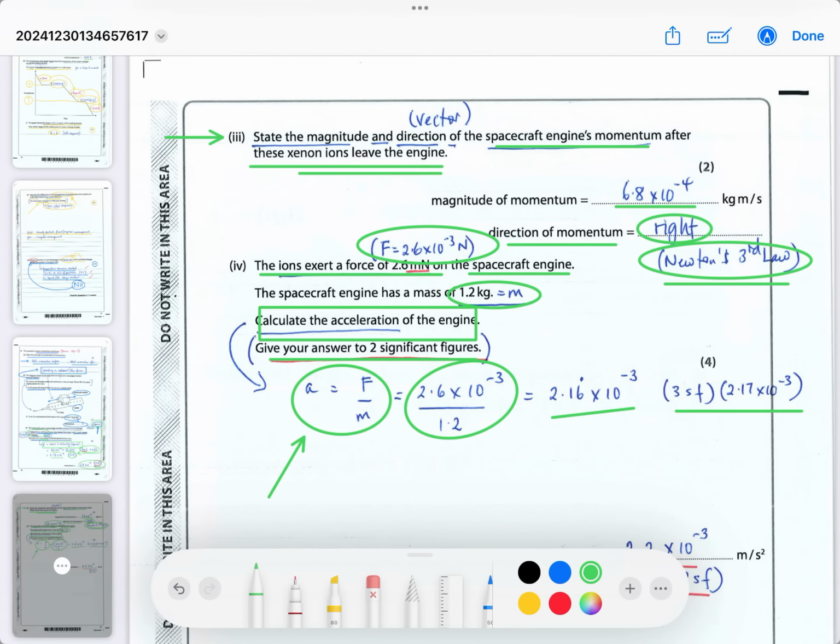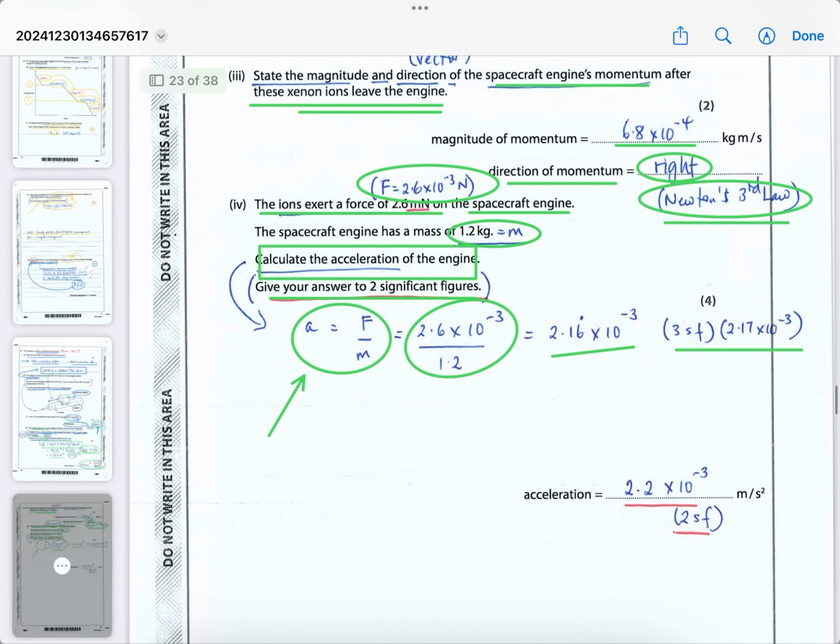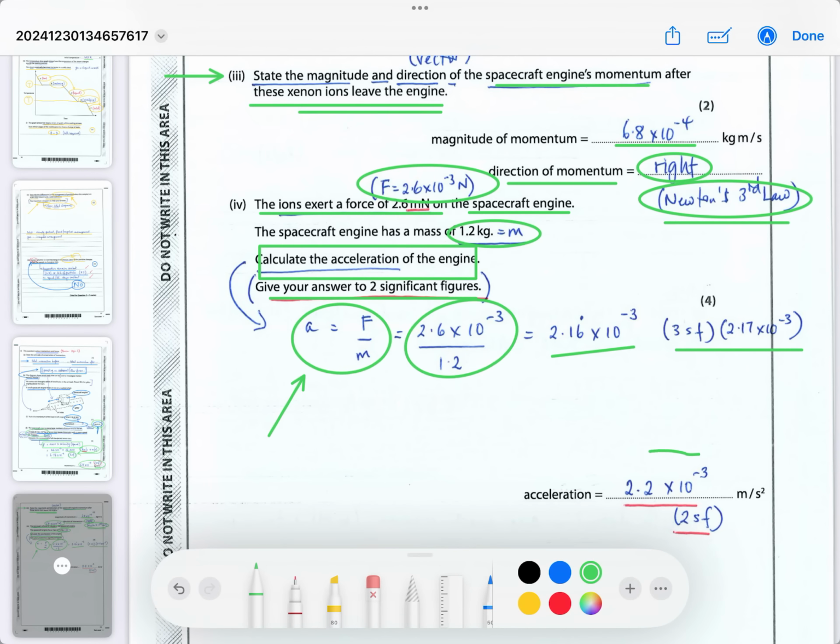Now, what do we want to do in the answer? You'll see what I've done. I've given the answer to 2 significant figures. So that's how you do it using Newton's third law. Newton's third law is when you've got 2 forces acting on 2 different objects.